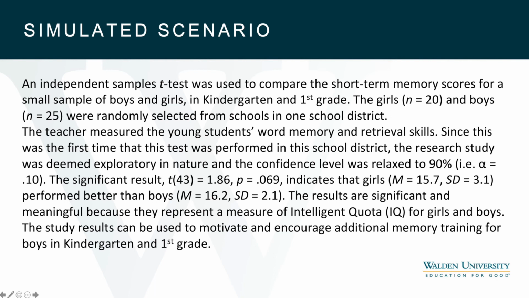That area to reject that null hypothesis, as I just explained. There are some results here that we have not yet learned what they exactly mean, but I can see that there's a p-value mentioned here, and there's a conclusion here about significance and meaningfulness, and a last sentence that relates directly to social change.